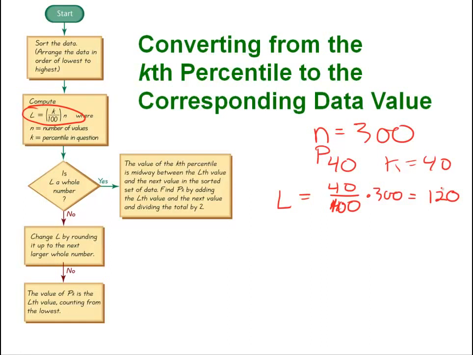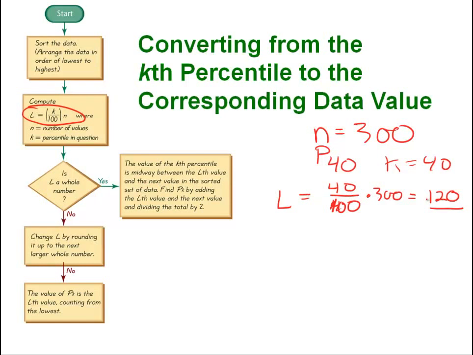So that means we now move to this step because we have our answer, and it asks, is L a whole number? Well, yeah, we got a whole number, a perfect 120. If it is, we go this way, yes, and it says the value of the kth percentile, the 40th percentile that we're looking for, is midway between the Lth value and the next value.